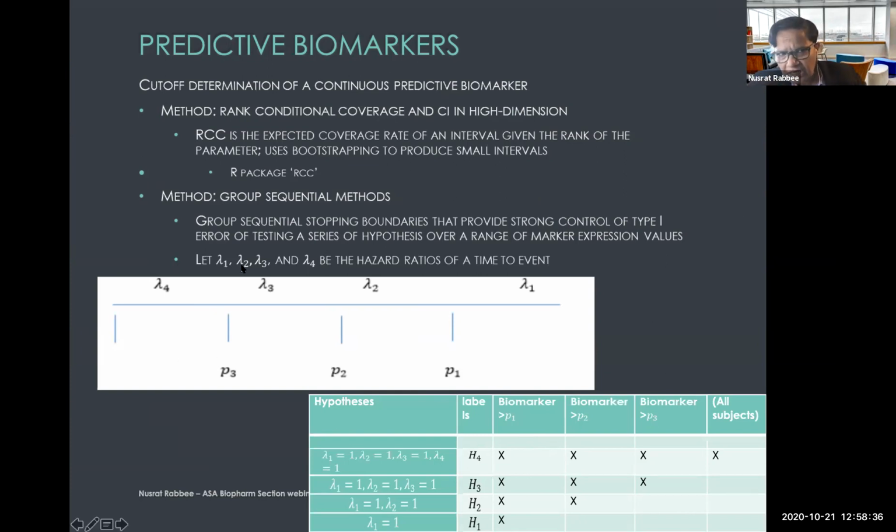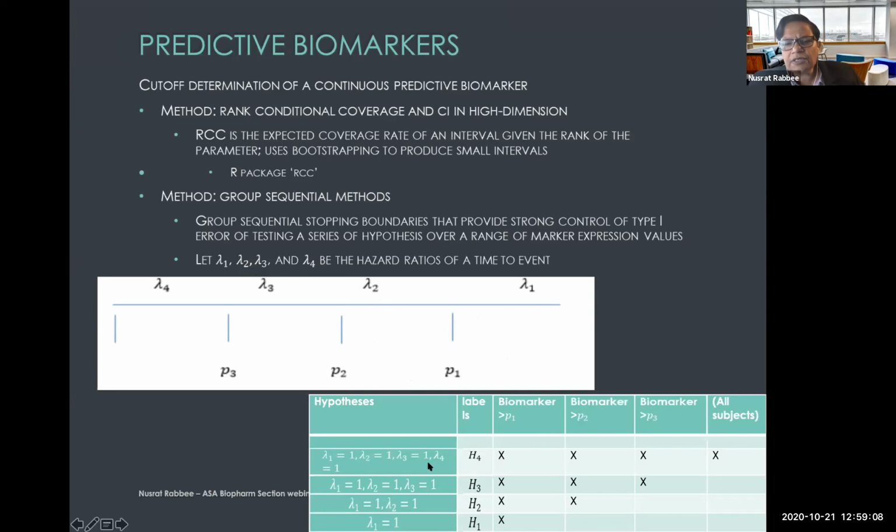So let's say these are your hazard ratios, and lambda 1 is your treatment effect for all the subjects that are in the highest, greater than 75th percentile or above in the biomarker range. Lambda 2 is the hazard ratio for subjects who have biomarker values between 50th and 75th percentile, and so on.